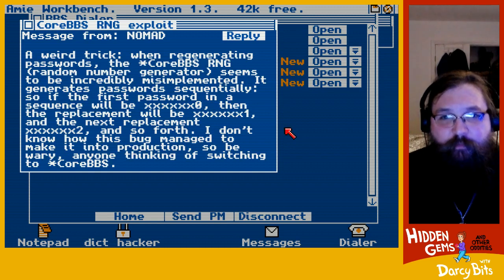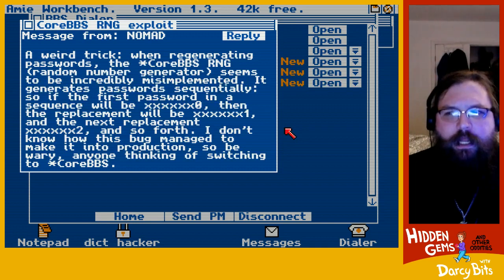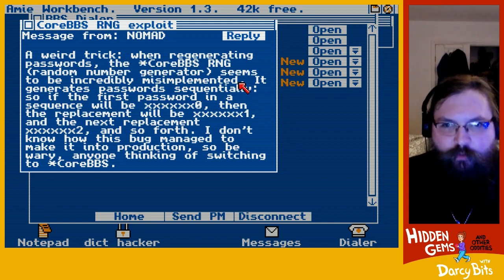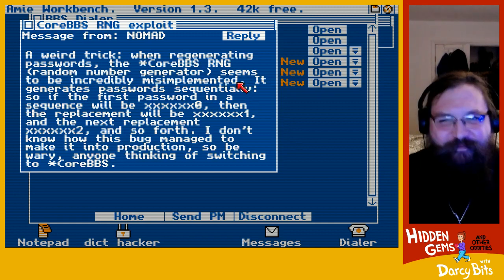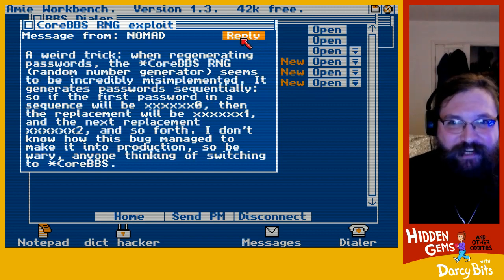I don't know how this bug managed to make it into production, so be wary anyone thinking of switching to Core BBS. Yeah, I'm pretty sure that the underground library was Core BBS, which I don't have a password for, but if I had a revoked password, I guess I could make a new one with that exploit, so that's good to know.